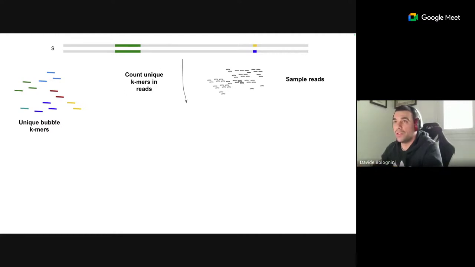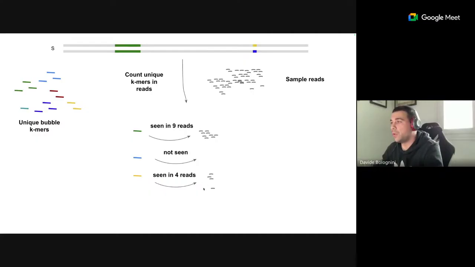So basically, you have the k-mers from unique branches of the bubbles, and you count them in the reads. For instance, this k-mer here is seen in 9 reads. This other k-mer here is not seen at all, and this makes sense because this part is not present in this specific sample here.